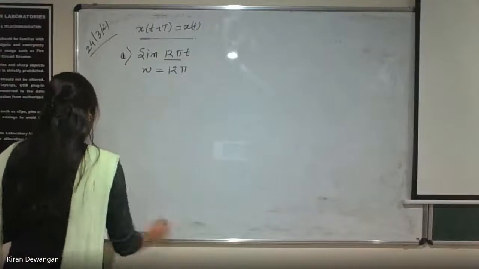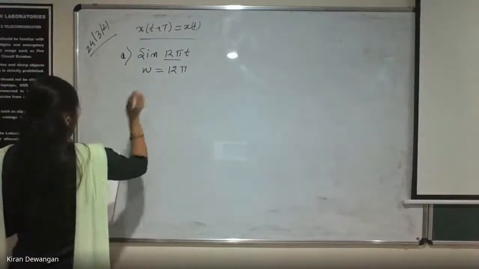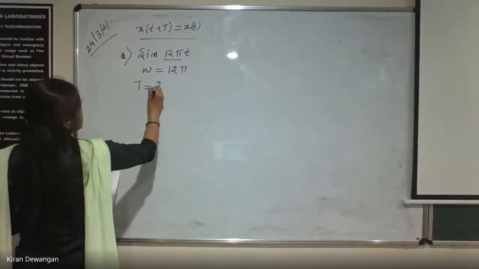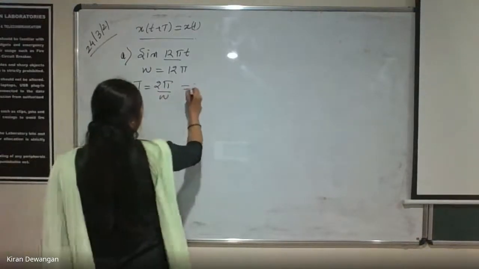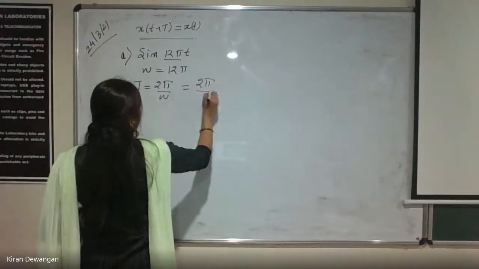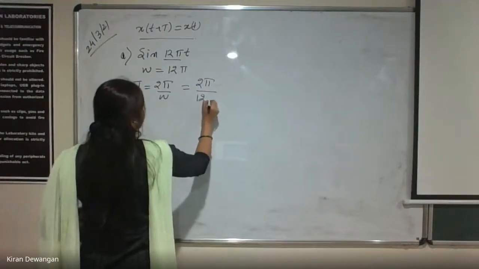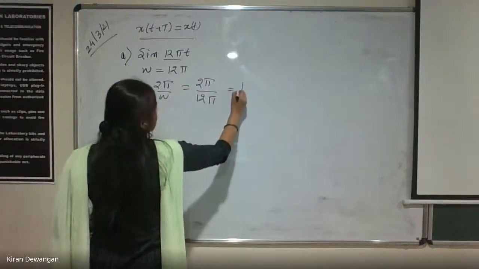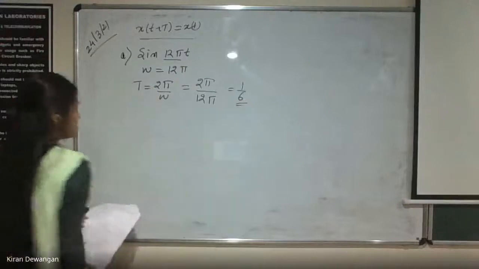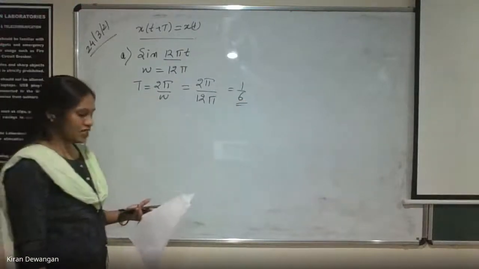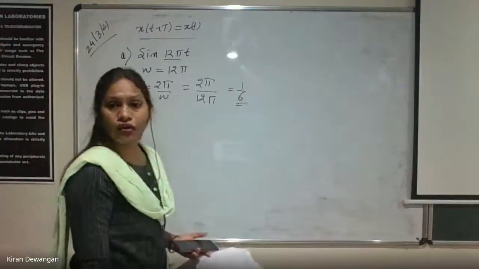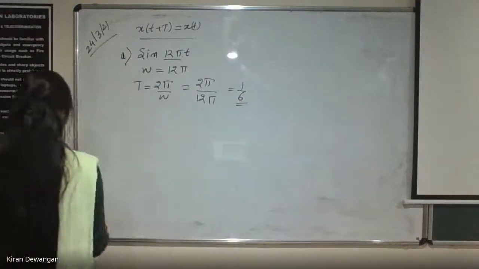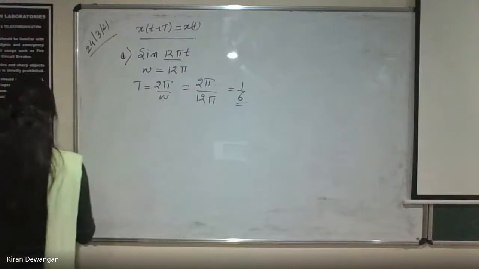And we know that T is 2 pi by omega. So we can directly write 2 pi by 12 pi, which is 1 by 6. Hence, it is periodic. It's very simple. Comparing this, we can directly get the value of T. This is how we can find out whether it is periodic or not.